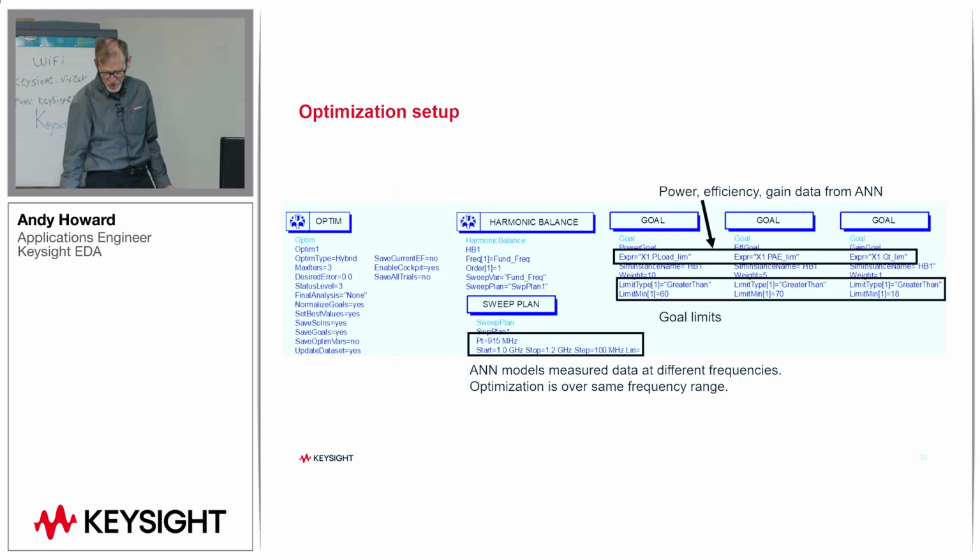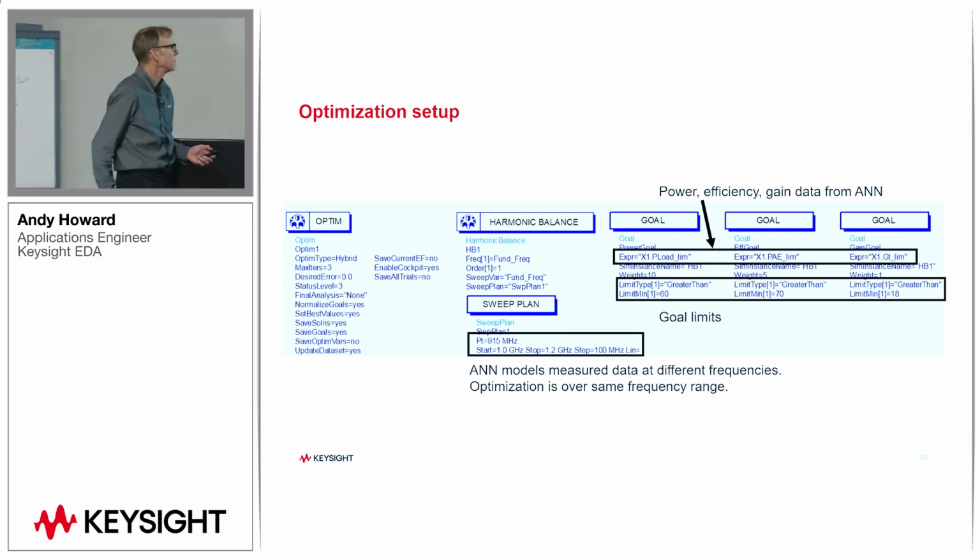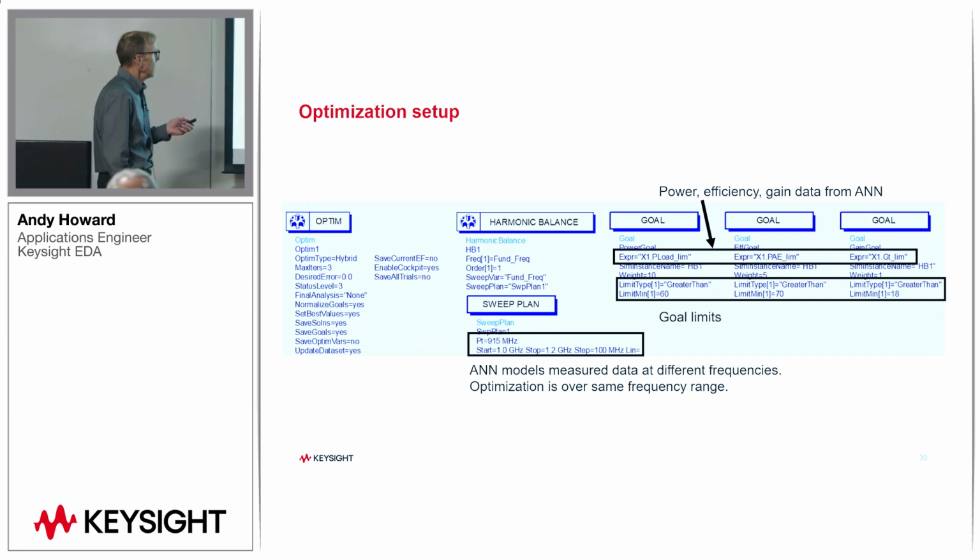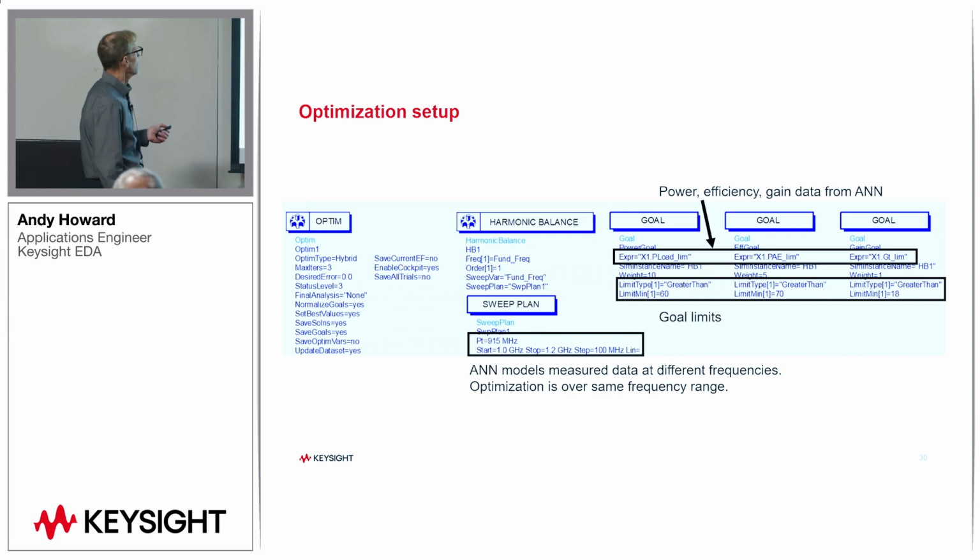This is a simple example of optimizing an impedance matching network. This is an optimization setup in ADS, but we have several different goals: one for the power delivered to the load, one for the power added efficiency, and one for the transducer power gain.